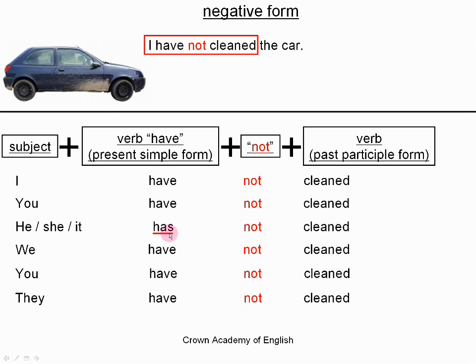It is the only one where we say has and not have. And notice that the past participle form is always the same for each subject. So this never changes. Okay, so that makes it a little bit easier.